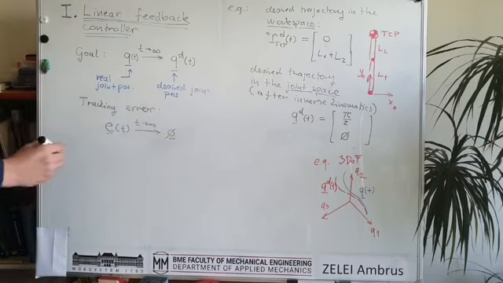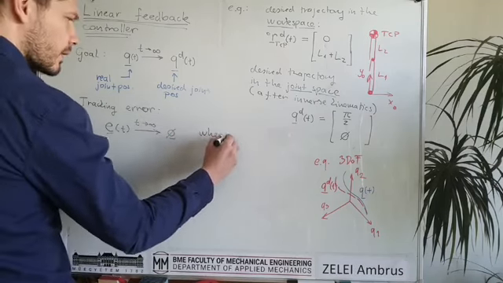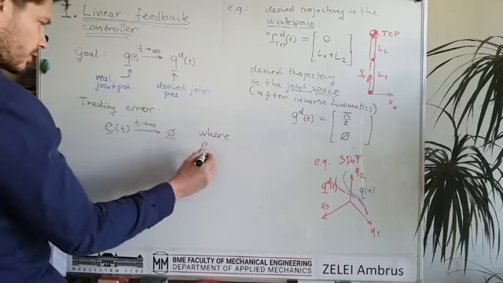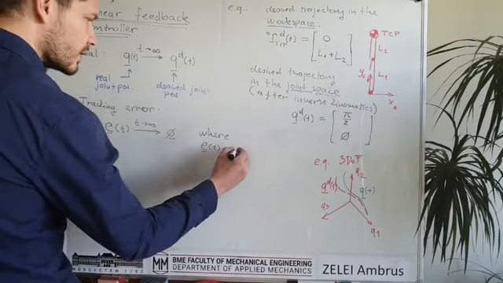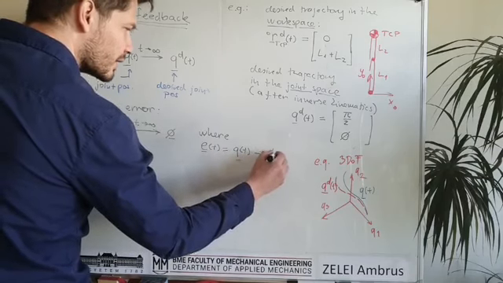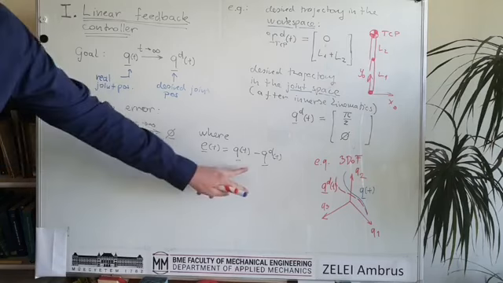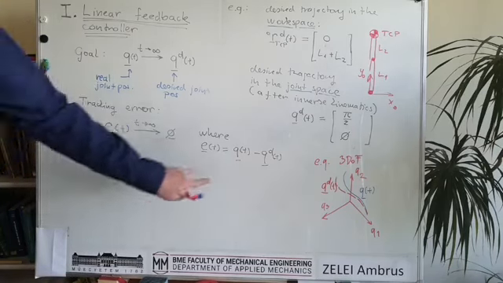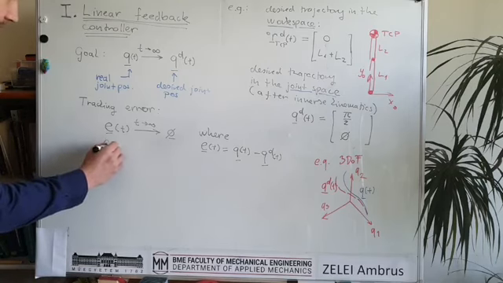and the error is defined as the difference, of course, between the two things. So the error is just Q realized minus Q desired. So the difference between the real joint positions and the prescribed positions, there is an error, and this error is called tracking error. But this tracking error is in the joint space, of course.